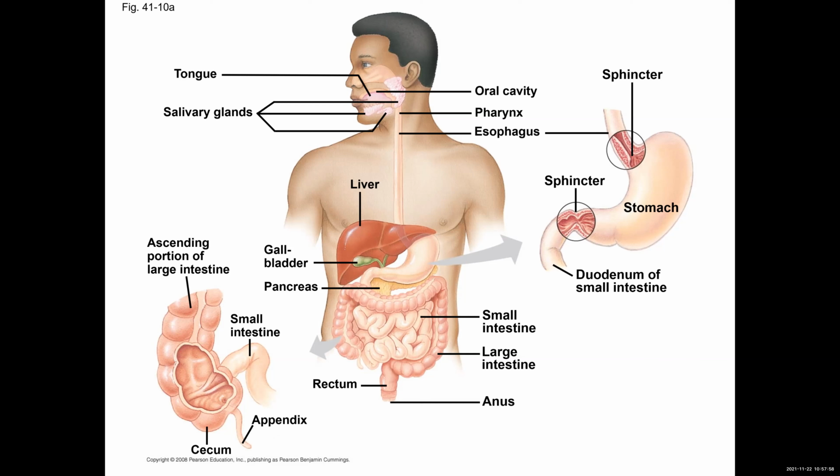Bile is going to be produced in the liver, and then it's going to go into the gallbladder. So the gallbladder, like our urinary bladder, is a place that temporarily stores things. It temporarily stores this material called bile, which is some fluids and some bile salts. Those are going to get added into the mixture of material that's in your small intestine.